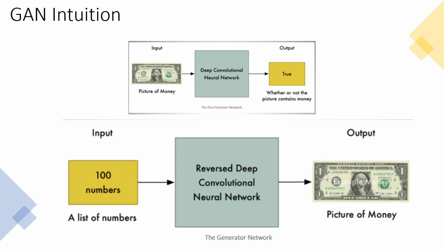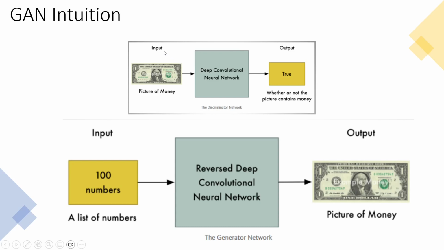With the GANs, the problem is a little bit different. Now we have some random numbers, and we give these random numbers to a reverse deep convolutional network, which is the generator network. And the output is basically the picture of a monkey. So the problem is basically the other way around.